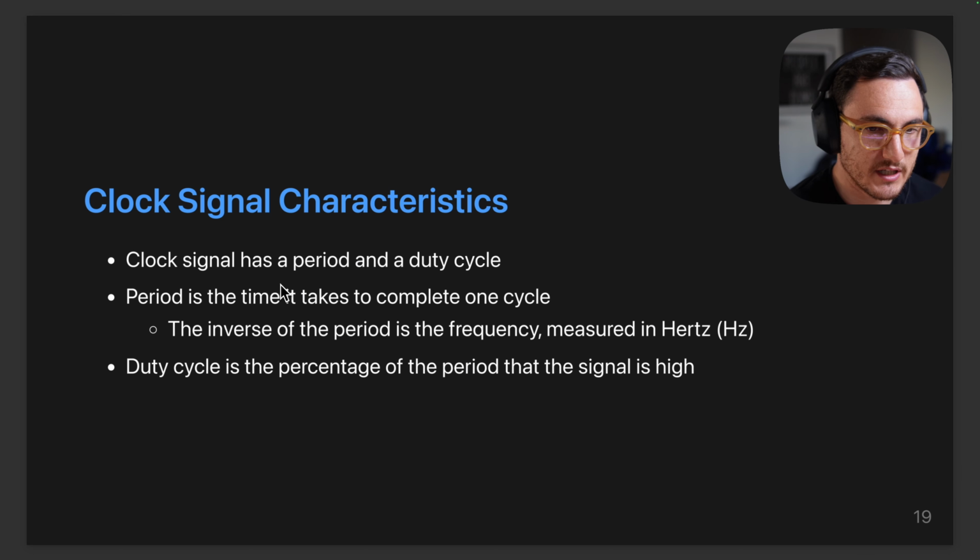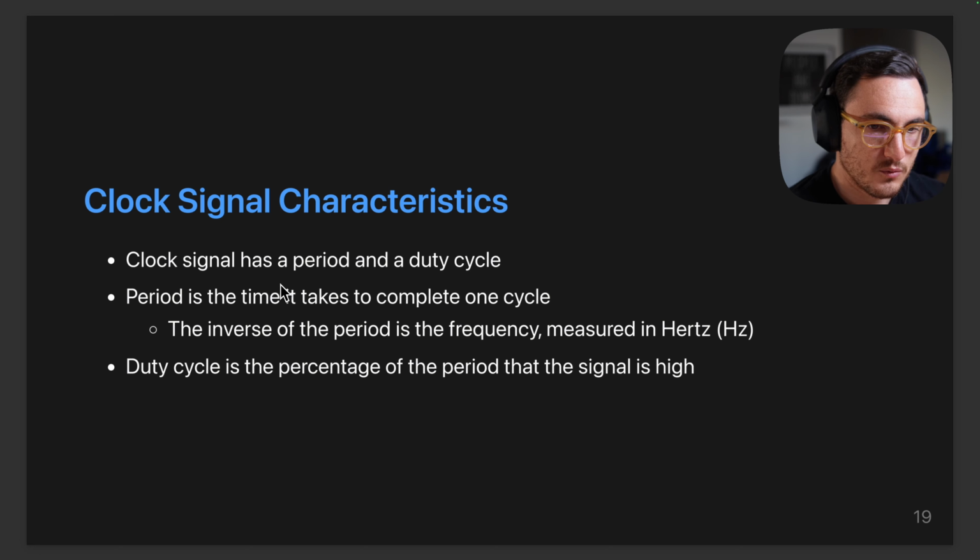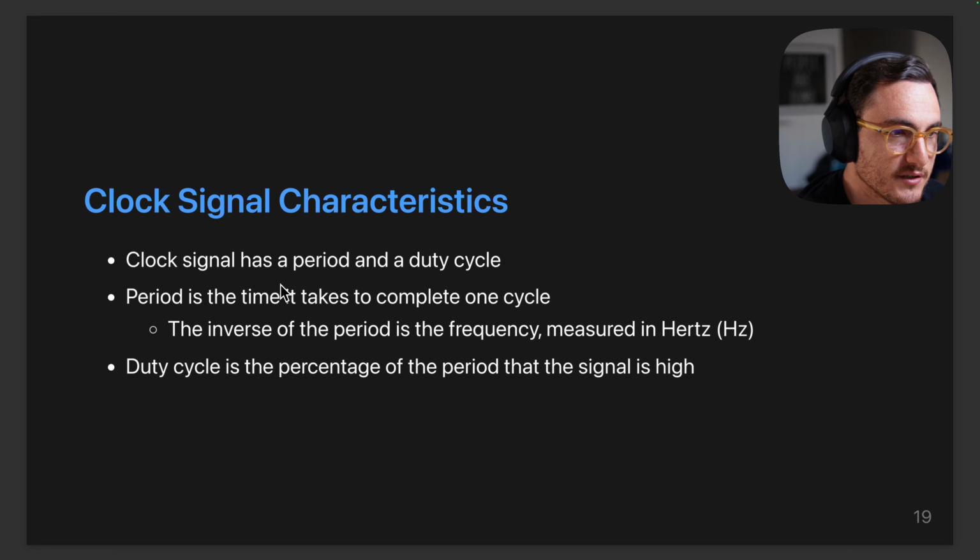The period is how much time it takes to complete a 1-0 or 0-1 cycle. The duty cycle is the percentage of time we have a one value compared to the whole time. A 50% duty cycle means that the clock signal is 50% of the time at 1, 50% of the time at 0. And the inverse of the period is the frequency, measured in hertz.